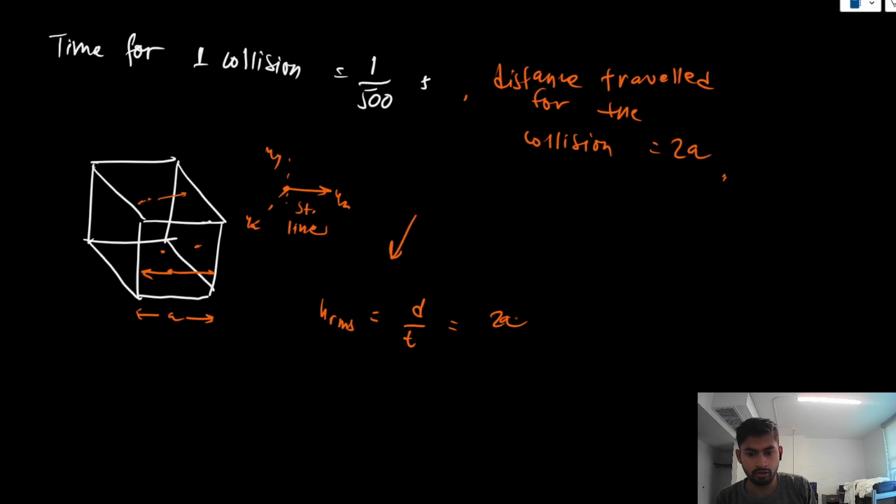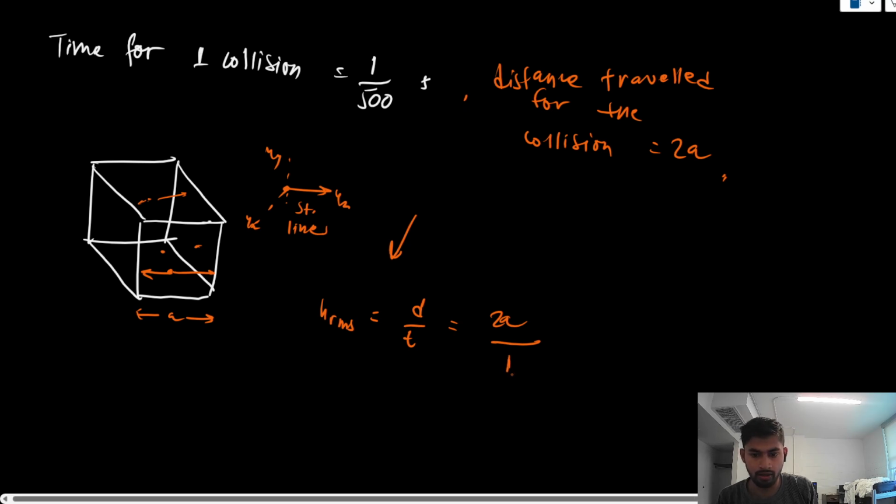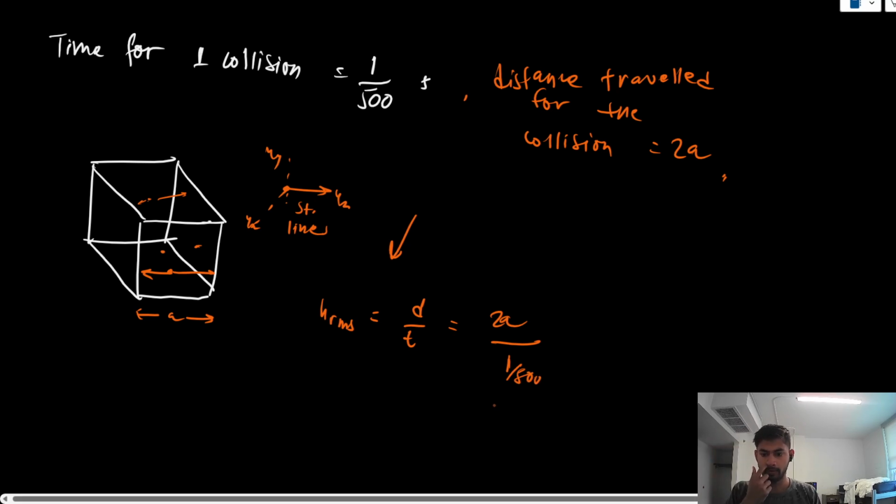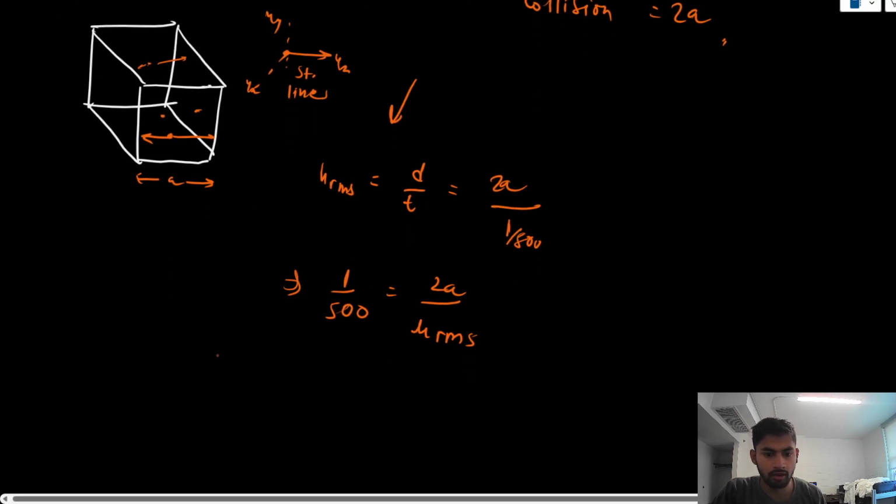Then 2a over 1 by 500, if we move things around by doing some algebraic calculation, then URMS would be 2a times 500.